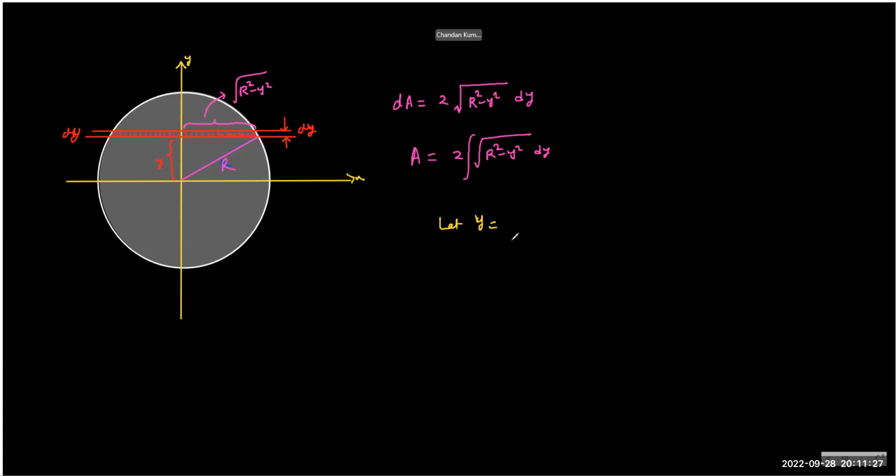Tell me, guys. Garv, tell me, what must I substitute for y so that I can come out of the root? Write it in terms of sine, cos, tan, theta, whatever.